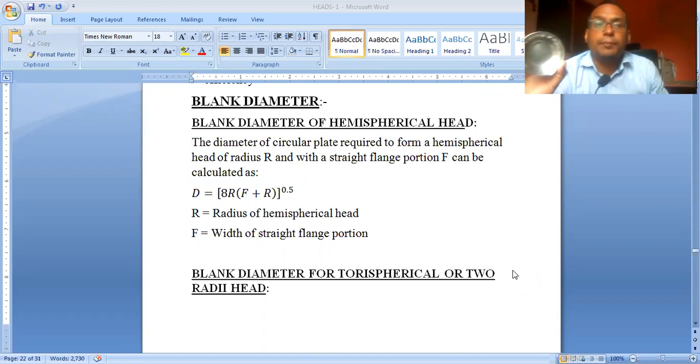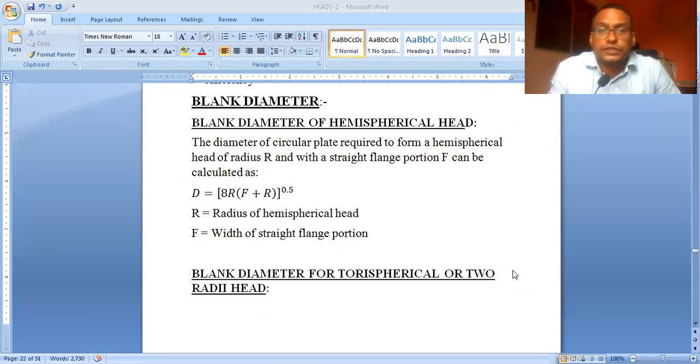So that is the blank diameter, the diameter of a circular plate required to form a hemispherical head of radius R with straight flange portion. Means you have to also add the straight flange portion to that, SF or F, and this is calculated as D equal to square root of 8R into F plus R, that is to the power 0.5.